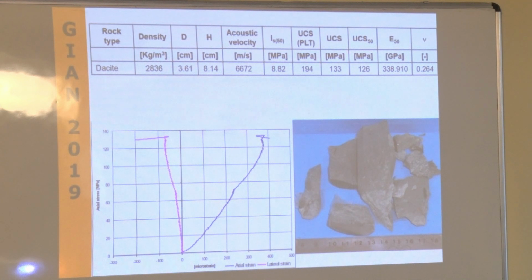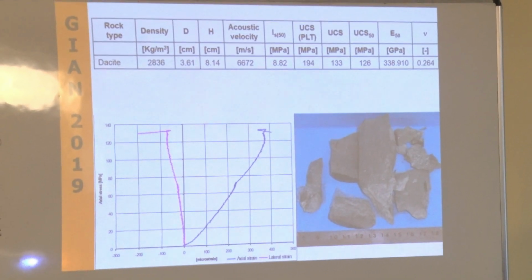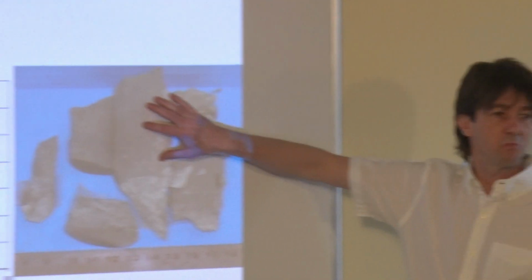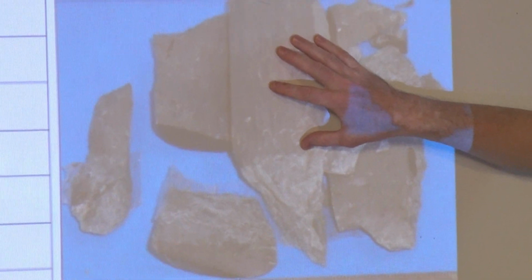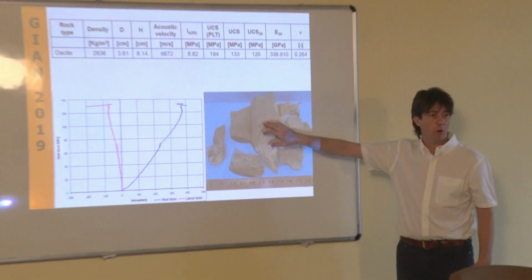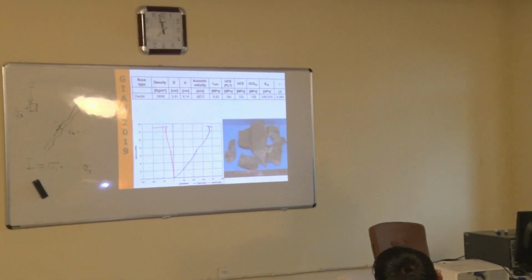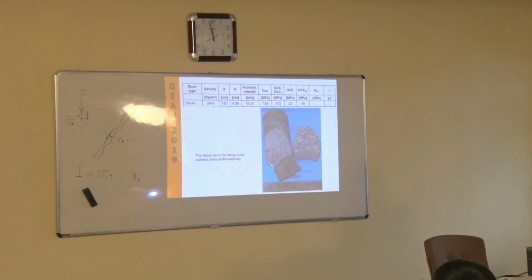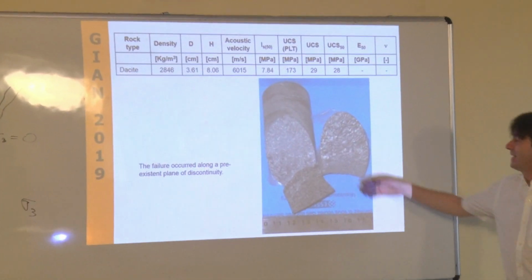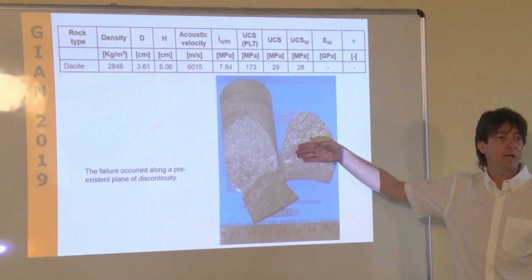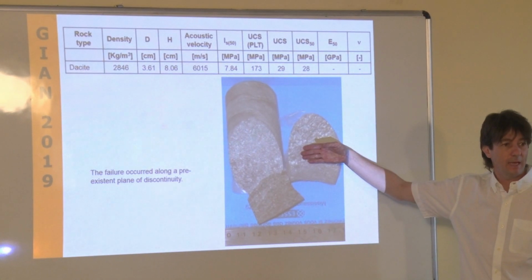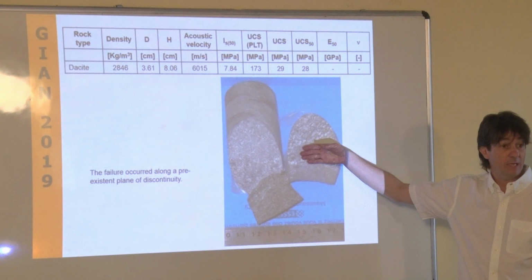What are these pictures telling you? They're telling you that this is actually broken through the rock. So this test very likely is representative of your intact rock. This one is so flat that I bet, actually not I bet, there was a pre-existing plane there that was mineralized but failed along that plane.